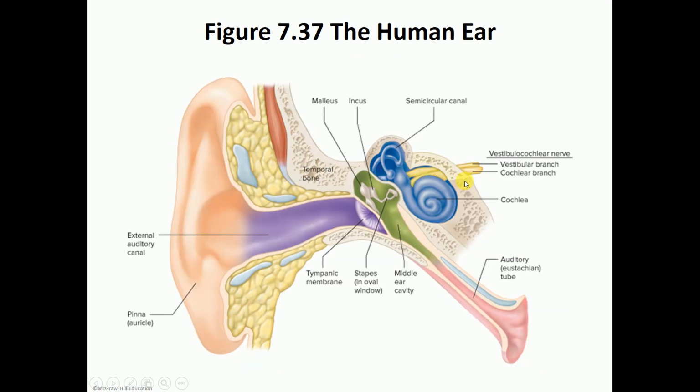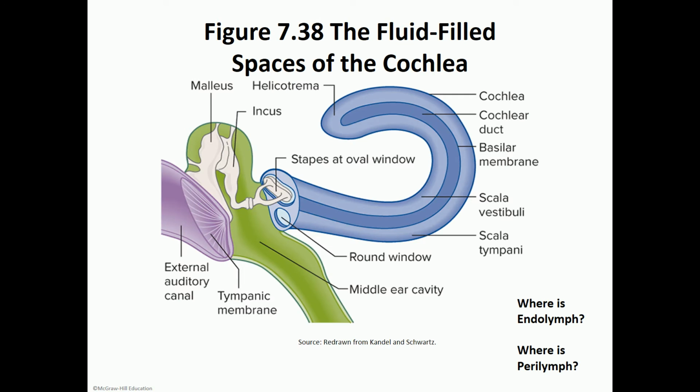Now for the different parts of the labyrinth, so this part right here, all of the semicircular canals and the vestibule and the cochlea, those are known as a labyrinth. The labyrinth has a bony part and a membranous part. So the membranous part, and that's the part in the middle, makes a duct known as the cochlear duct. And the cochlear duct is full of endolymph.